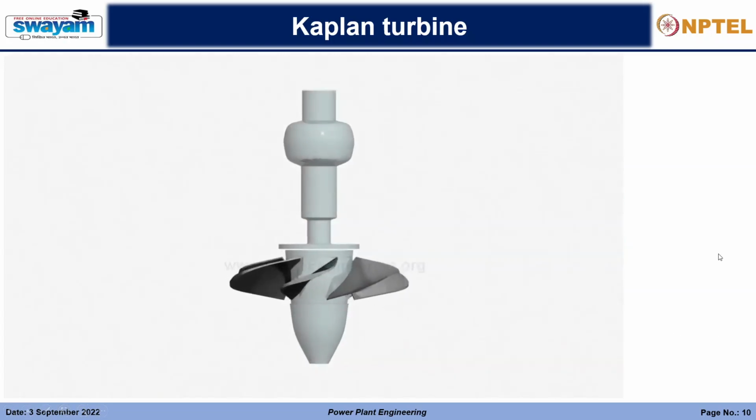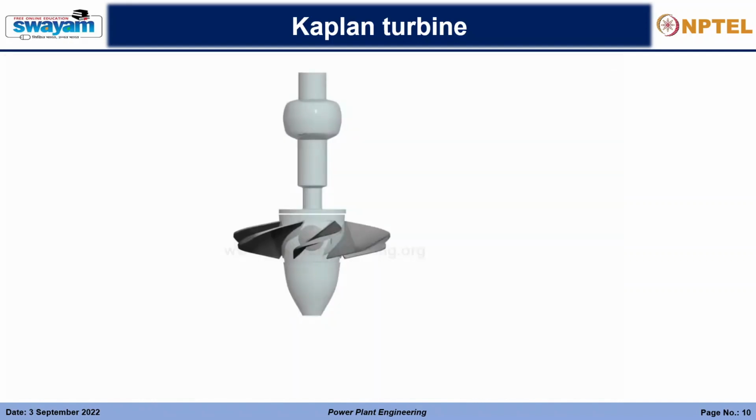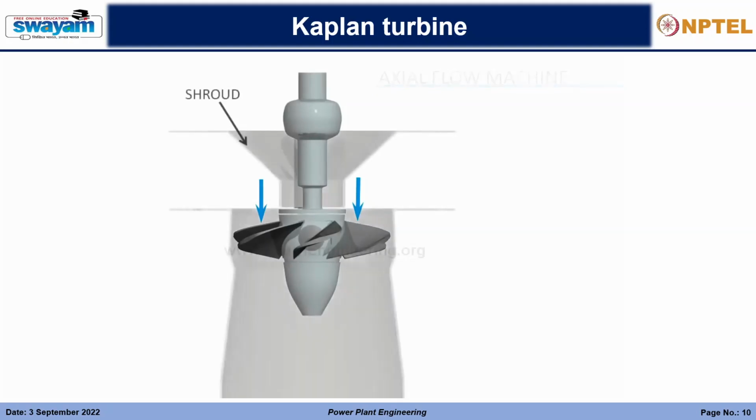This rotation is transferred to a generator for electricity production. Kaplan turbines are axial flow machines, where the absolute velocity of flow is parallel to the axis of the turbine. Water is precisely made to pass through the runner blades with the help of a shroud.